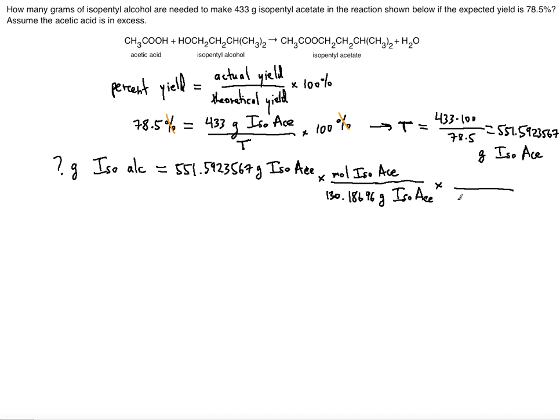So we can say 1 mole of isopentyl acetate per 1 mole of isopentyl alcohol. There's one more conversion to be done, because we would obtain the answer in moles of isopentyl alcohol, but we need grams. So 1 mole of isopentyl alcohol is how many grams?